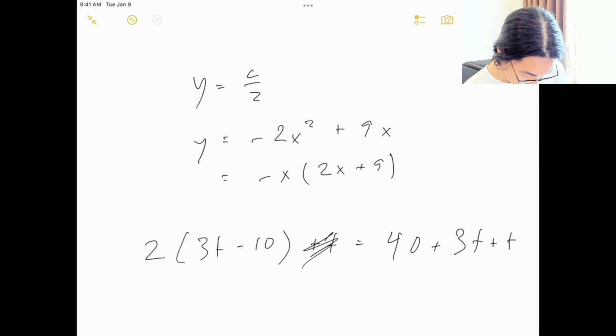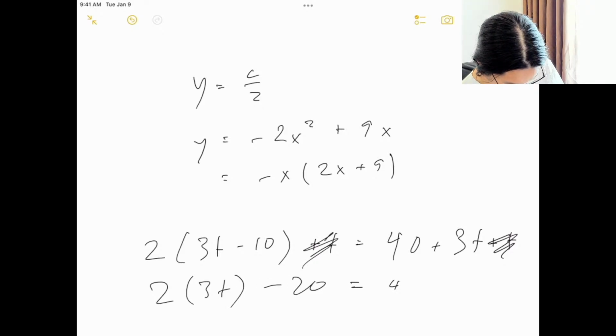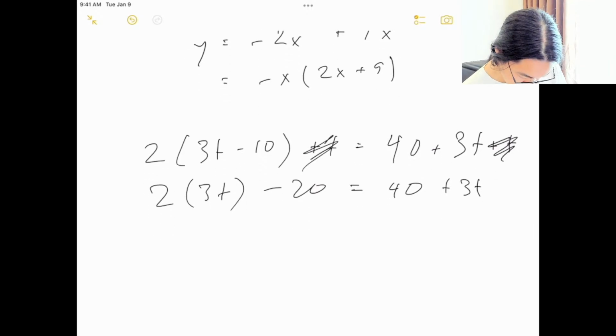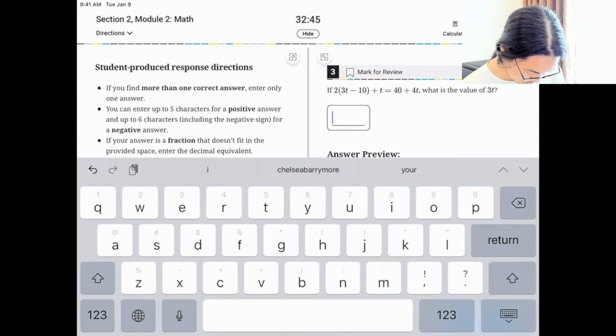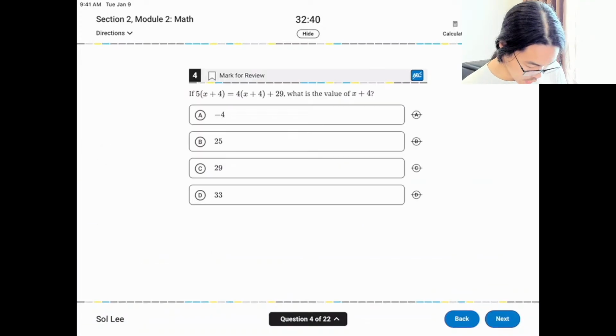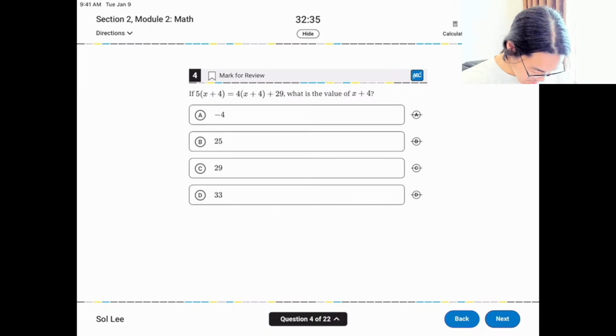So I'm going to get rid of these t's. Then 2(3t) minus 20 is equal to 40 plus 3t. So I'm going to subtract 3t on both sides, and I get 3t is equal to 60. So 60. Assuming I didn't do that too quickly, I should be good. I hope I didn't make a careless mistake, because that happens.